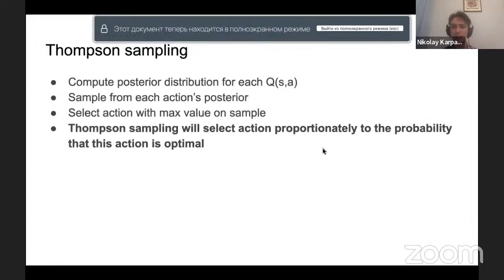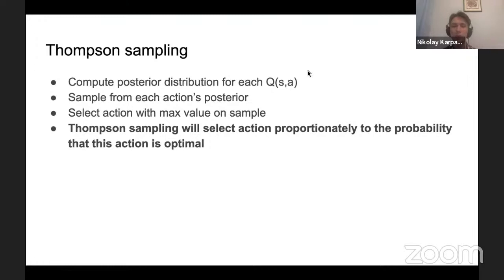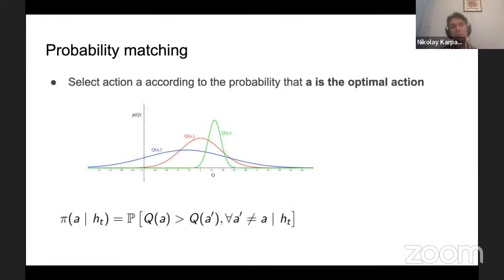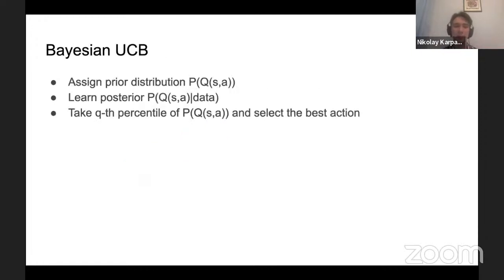There was a question in the chat. Why is the distribution always Gaussian? Well, in this example, it's simply because it is intuitively easier to compare different distributions from the same family. If there were distributions with different curvature, with different skew, this would not be as easy to illustrate on a small example.